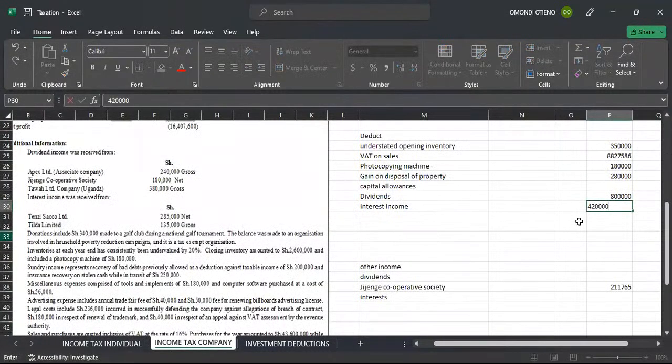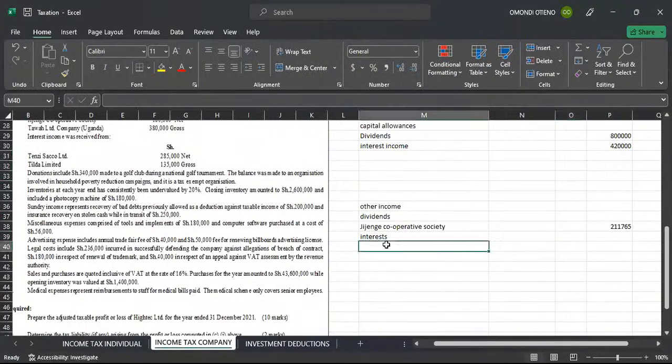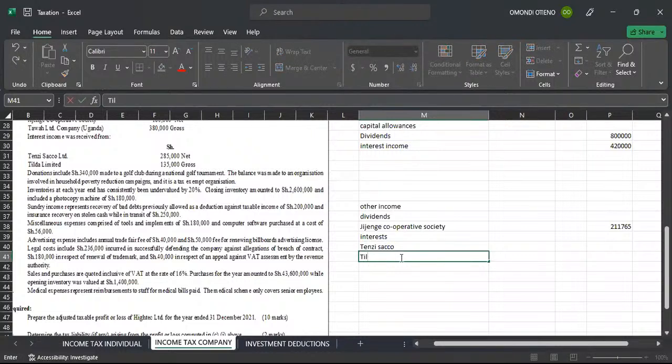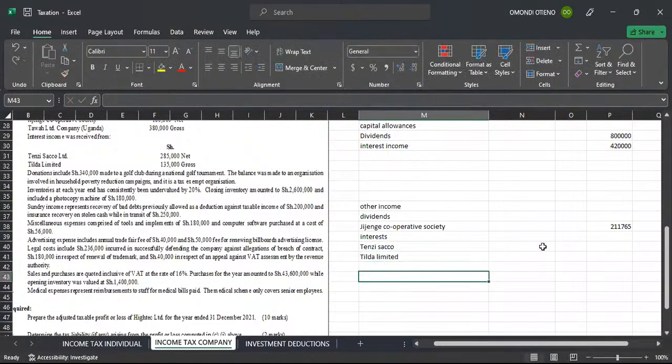Inside this 420,000, which we've subtracted, we now need to add back what was received from Tenzi Sacco and also Tilda Limited.